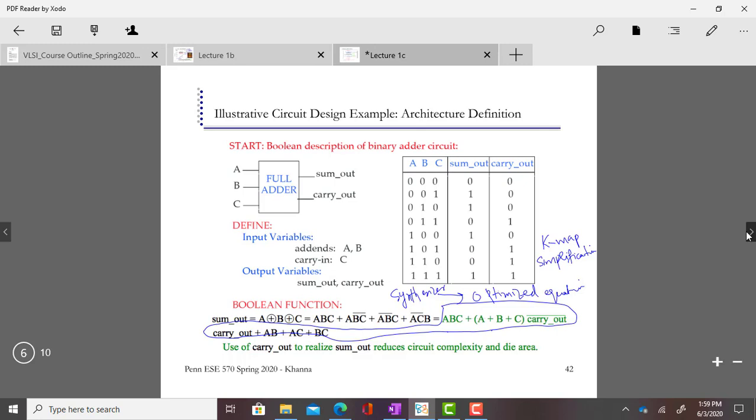So this is architectural exploration, and if this is an optimized equation, what is the benefit? Use of carry out to realize sum out reduces the circuit complexity and die area. The synthesizer gave you an optimized equation which reduces circuit complexity and the chip area.